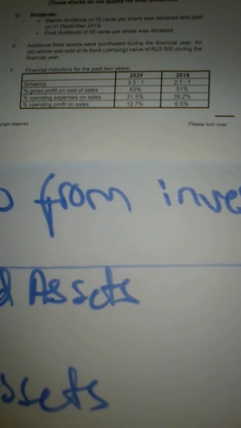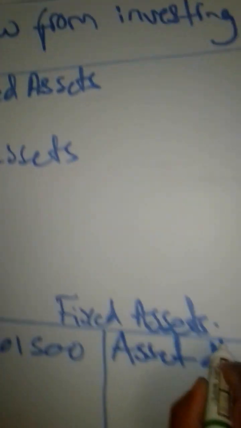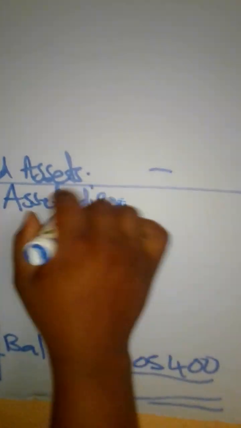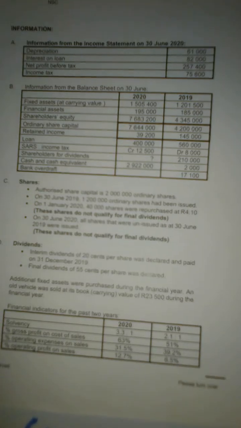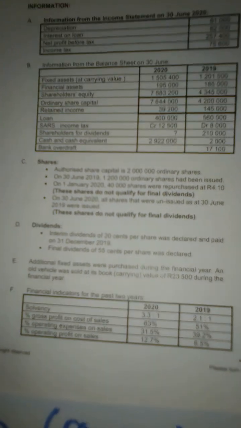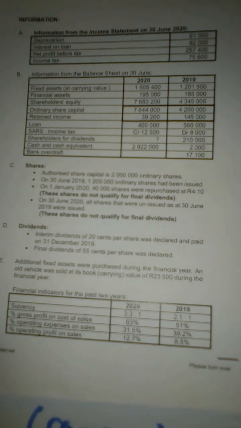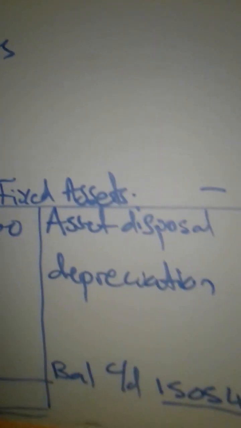That's asset disposal, and asset disposal decreases our fixed assets. What else do we have? Depreciation also affects our fixed assets, and it also decreases them. So our depreciation also comes this side.